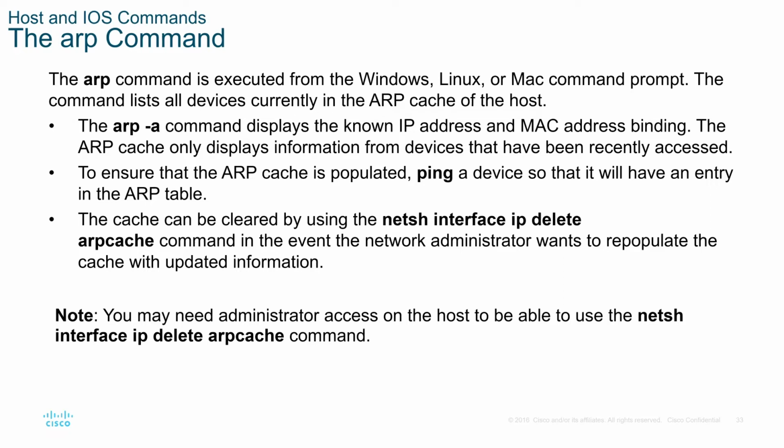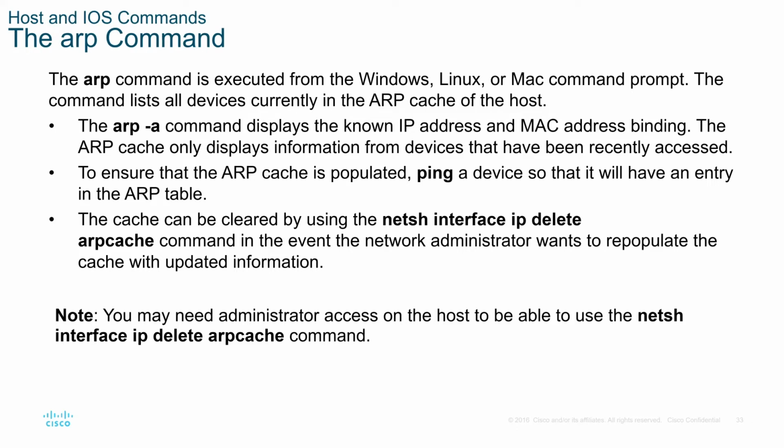The arp command is executed from a Windows, Linux, or Mac command prompt. The command lists all devices currently in the ARP cache of the host. The arp -a command displays the known IP address and MAC address bindings.